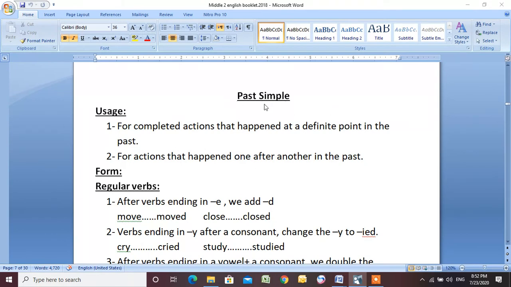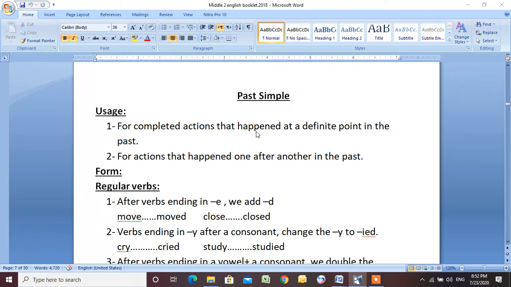We all know the past simple tense, but we will take a quick revision just to remember it. We use it for completed actions that happened at a definite point in the past. So when the action happened in the past and it's finished or completed in the past, we use the past simple tense.